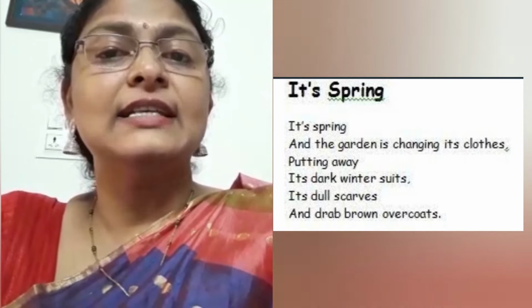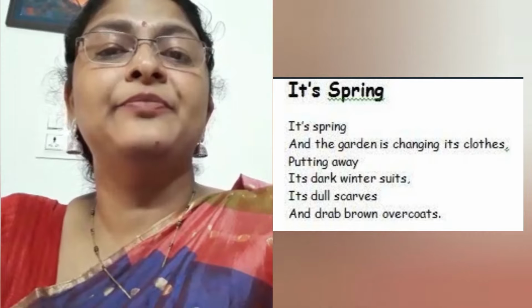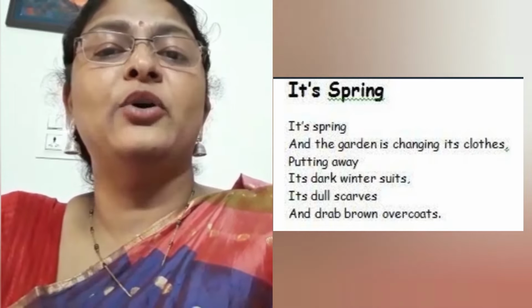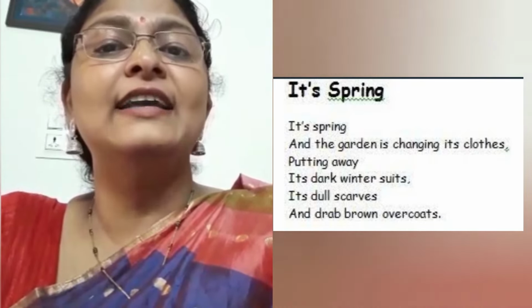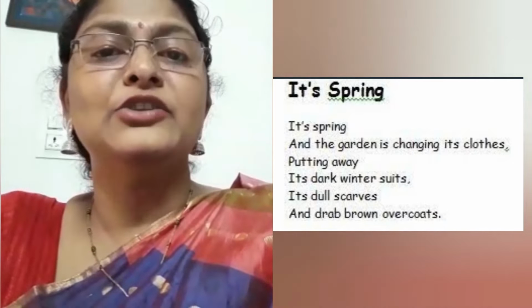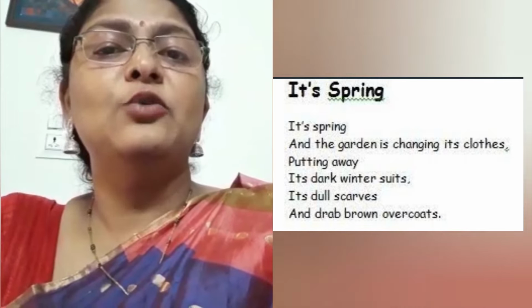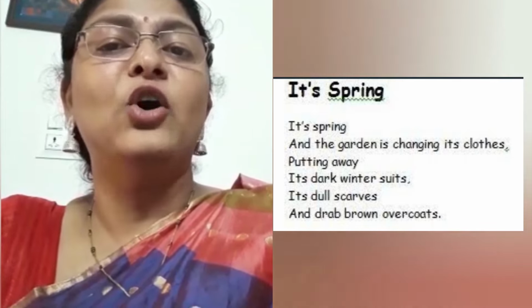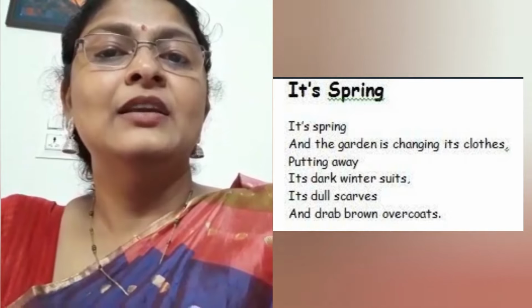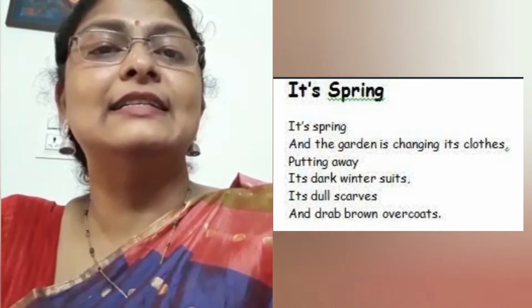So, what can we say about this poem and how it considers the spring? Can we not say that the poet is personifying the spring season? It is giving a human element to the spring season. So that you would have understood now after reading the poem, because we have already learned personification. So here the spring season is personified, isn't it?